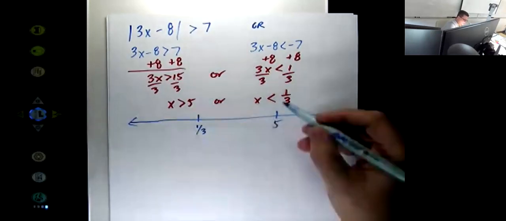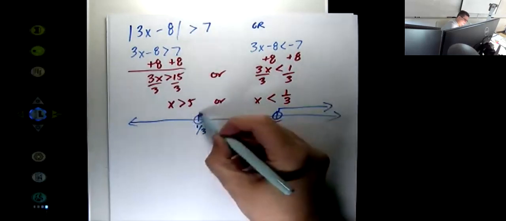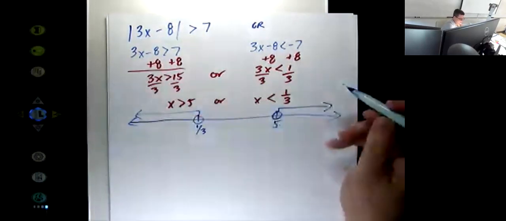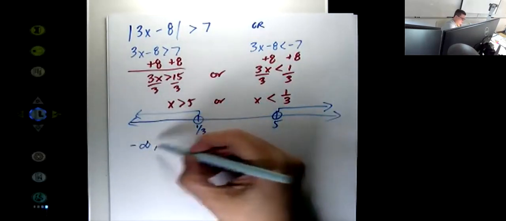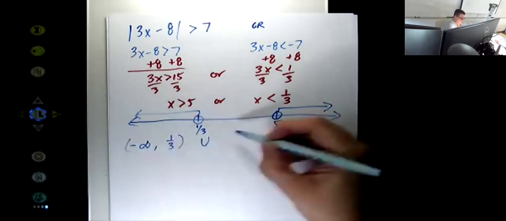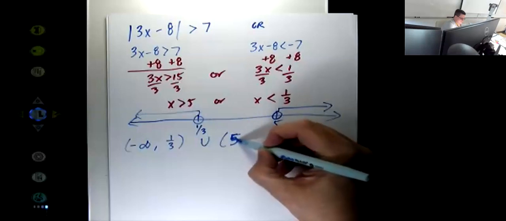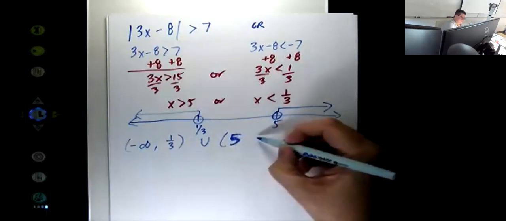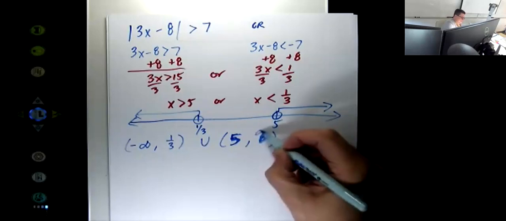And we want greater than 5 or less than 1/3. So interval notation will be negative infinity to 1/3 in union with 5 to infinity. That's not infinity, that was an 8.